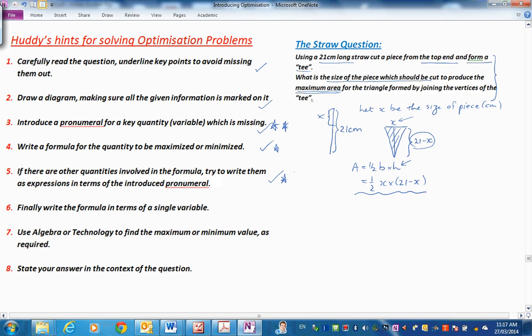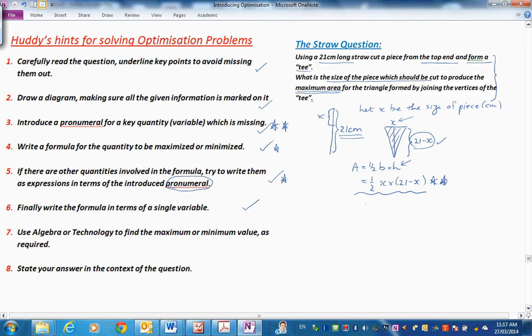It's important to keep the number of pronumerals or letters for missing quantities down to a minimum. We don't need to call it y, because we knew the total length was 21. Now if we take off the x, we have it all in x land. Just one variable, one unknown, one pronumeral. There it is. So we've got right to the end there.